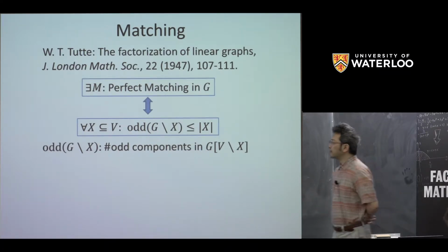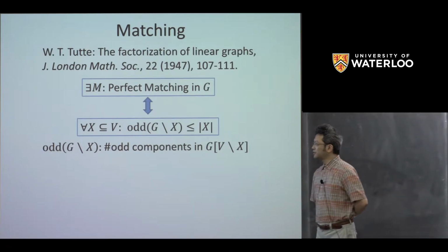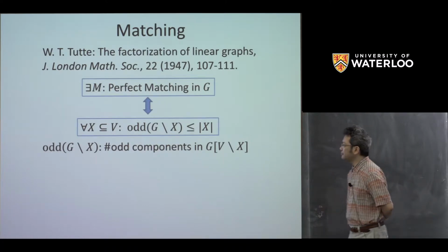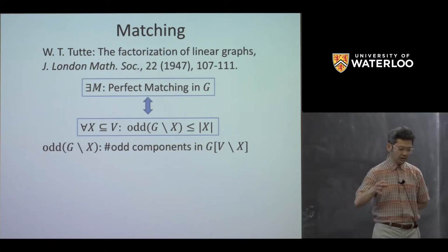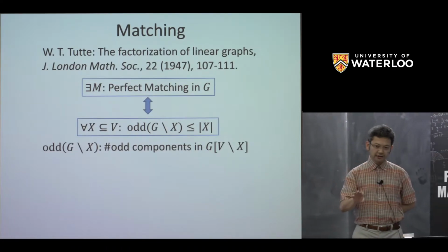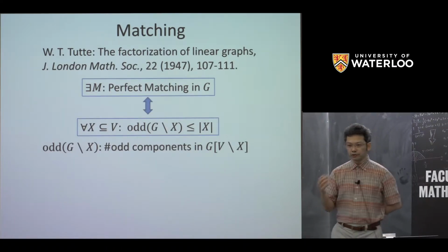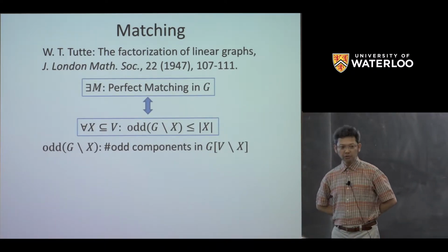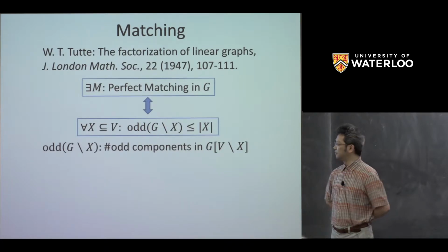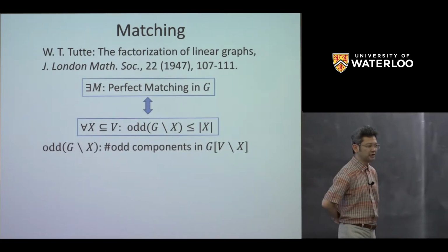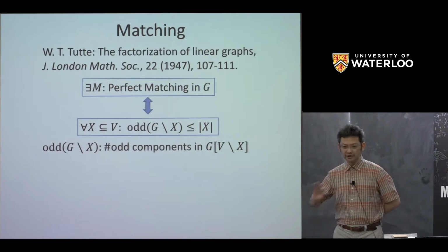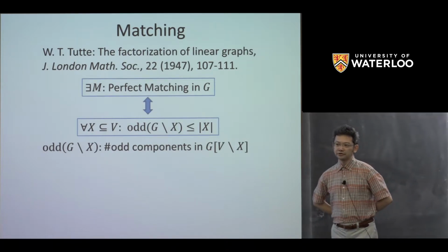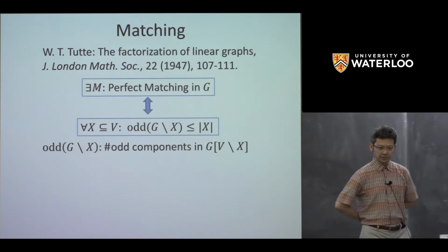It said that the graph has a perfect matching if and only if for any vertex set X, removing X from your graph G will produce no more odd connected components, of odd cardinality of vertices, than the cardinality of the set you deleted. Now, this is a very good example of what was later called a good characterization by Jack Edmonds.